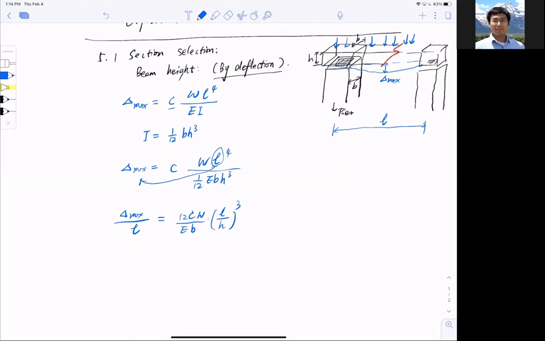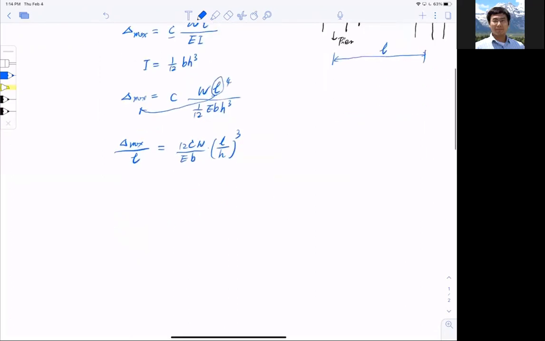So what I'm trying to say is that the deflection of the member over the span length, which is a ratio, is a function of the span length over the section height to the power of 3. That means the higher the L over H ratio is, the higher the deflection I have.